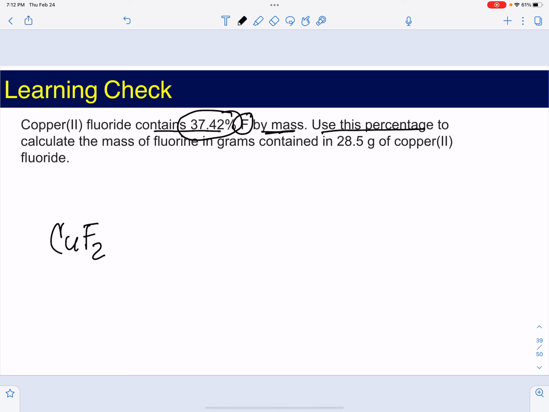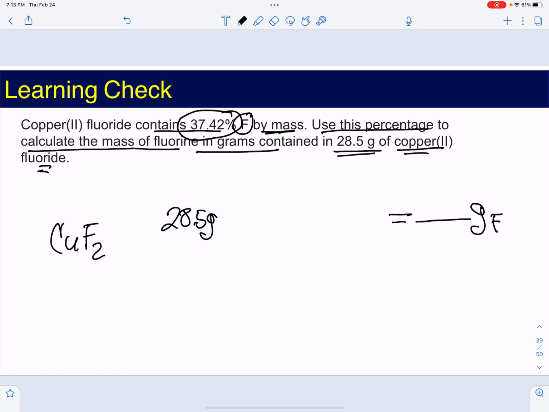Use this percentage to calculate the mass of fluorine. So we're looking for the mass of fluorine in grams contained in this much copper 2 fluoride. Basically, given 28.5 grams of copper 2 fluoride, can you find the grams of fluoride? I said fluoride and I wrote down chloride, sorry.